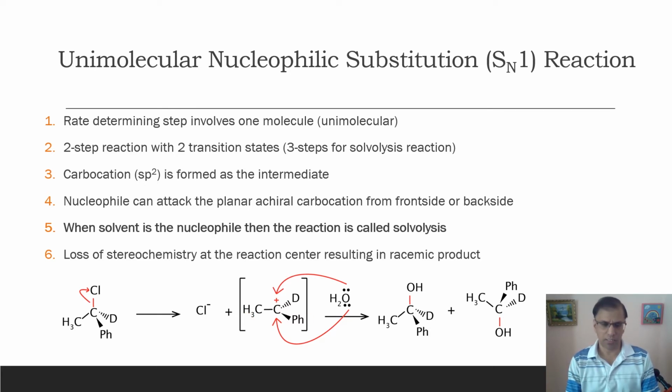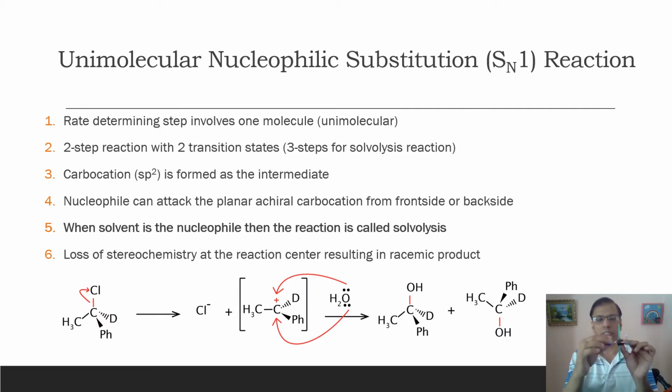So I have this model made so that it's a little bit easier to explain. So this green is the empty p orbital. This carbon is the carbocation because it has the empty p orbital.